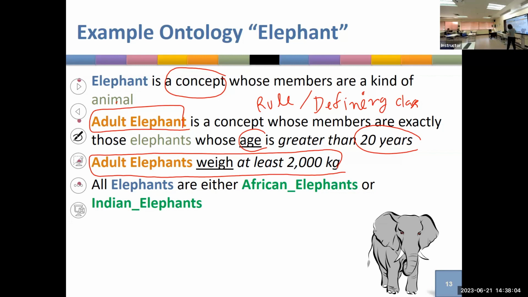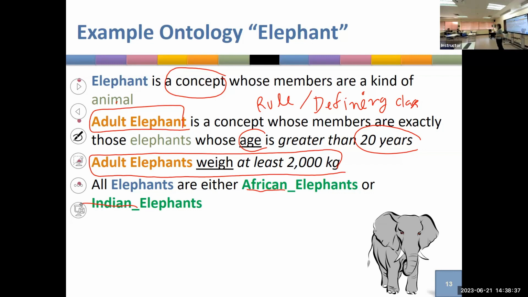Okay, and we can further classify elephants into African elephants and Indian elephants. So again, these two are classes or instances? Classes, right? Because we are not talking about a particular instance. We are talking about African elephants as a whole, Indian elephants as a whole, in which, do you know how they are different?